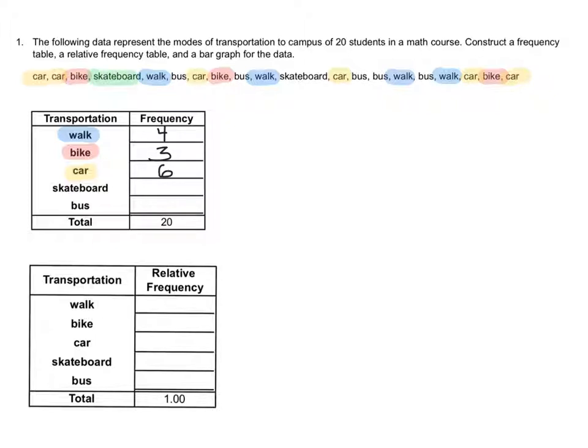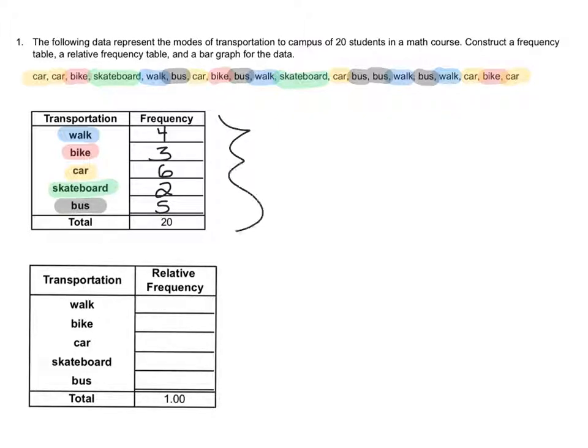And skateboard appears 1, 2 times. So my frequency is 2. And then lastly, I'll highlight the number of times that bus appears in the data set. So this appears 1, 2, 3, 4, 5 times. So my frequency for bus is 5.